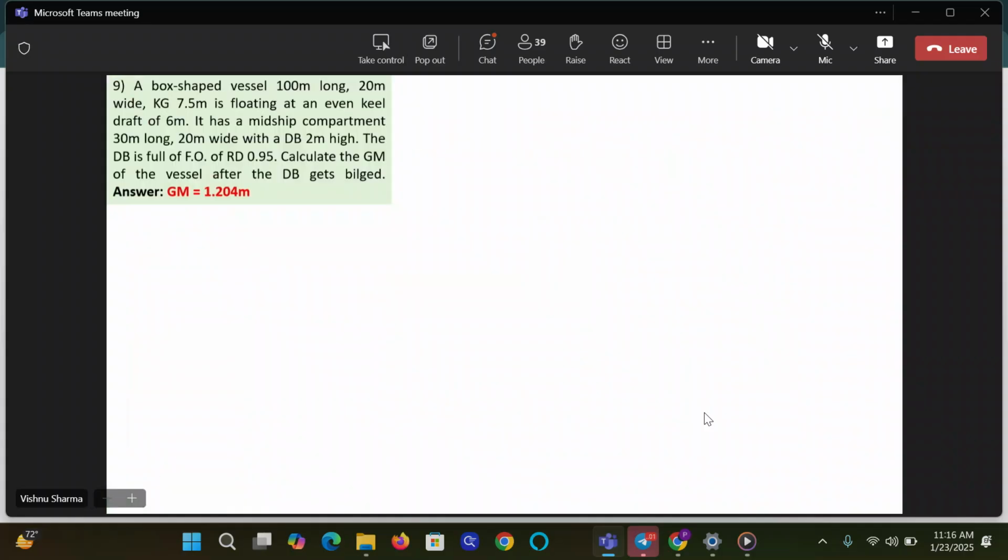Guys, see. First, I make the ship in the initial condition. Here is the vessel.